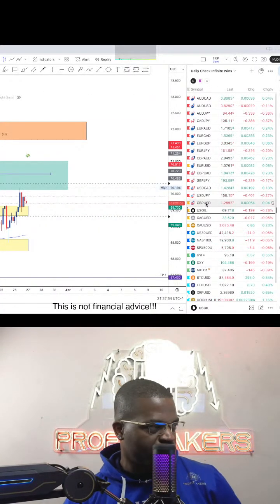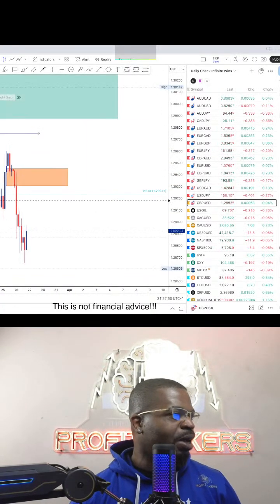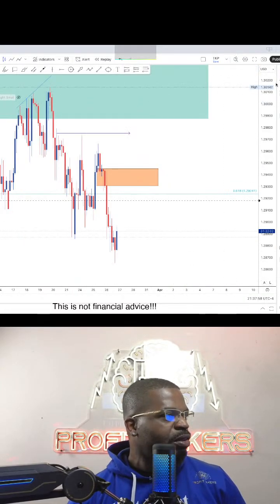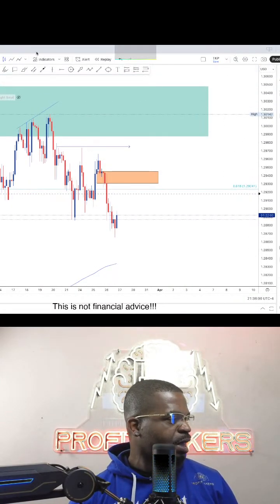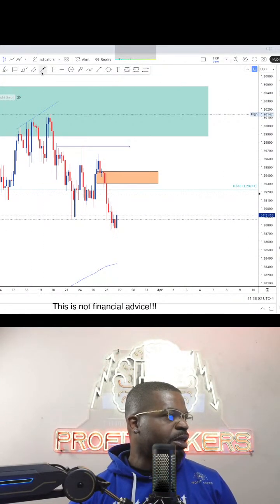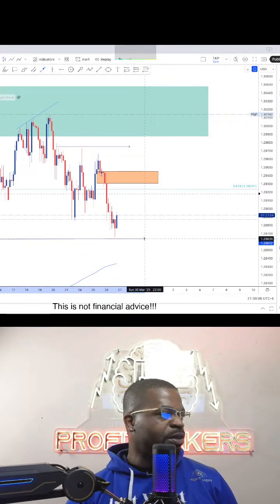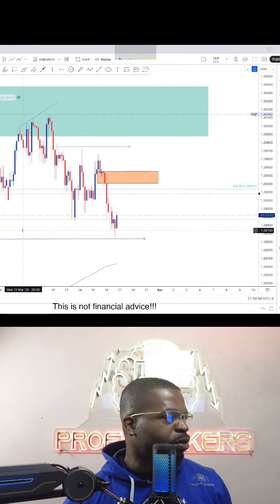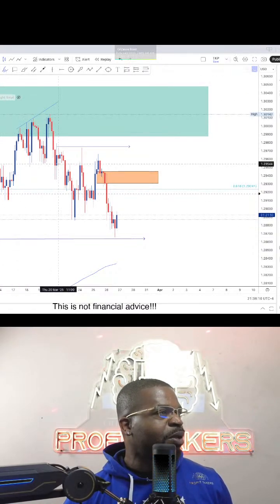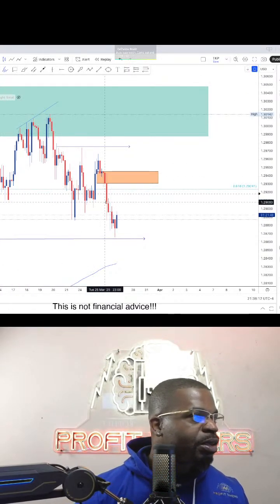Pound. So we took this sale. Same thing. Check this out. Right here, all of these relatively equal lows. Of course, we got stop losses underneath there, especially with this recent bounce.